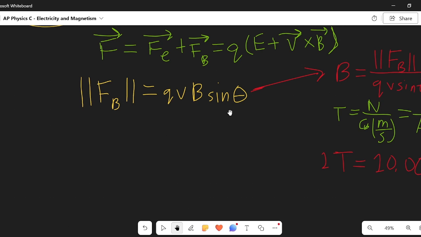This is the first time we've ever done this in a lesson. Essentially, when we're determining the direction, we're going to have a cross product. First, I'll show you two ways to show it.